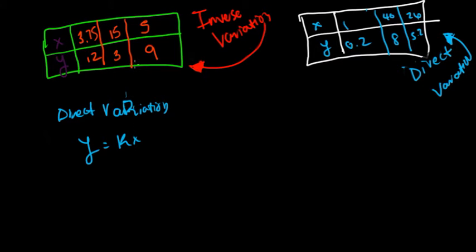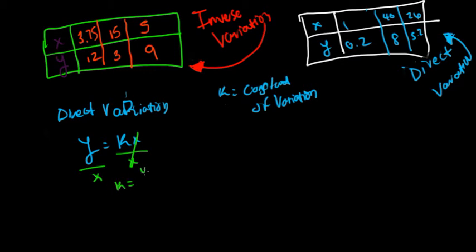Well, if we're looking at y is equal to k times x, let's solve for k, because you know k is my constant of variation. So let's find our k value. In order to find k, we can divide both sides by x. Those x's cancel, so then I'm left with k is equal to y divided by x.